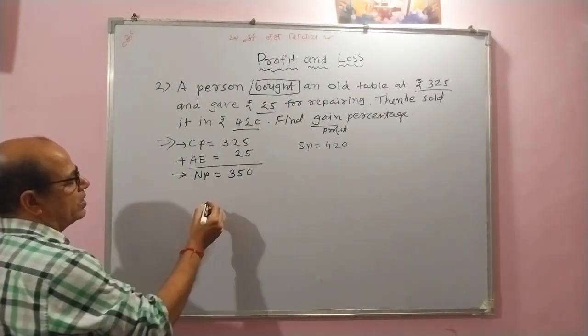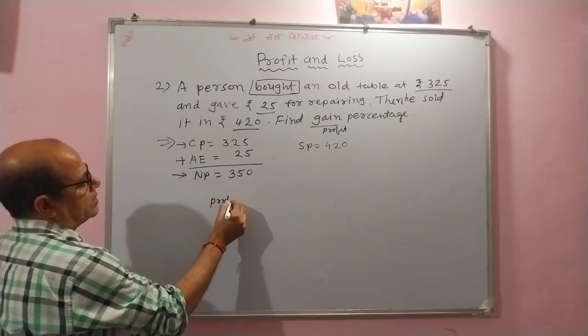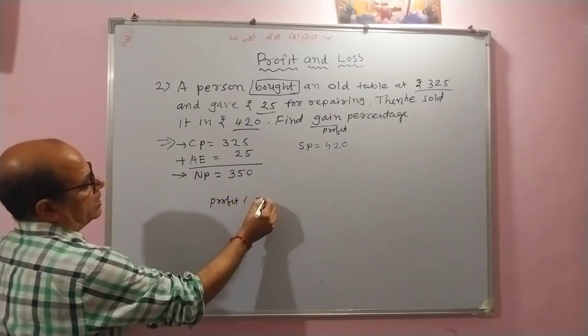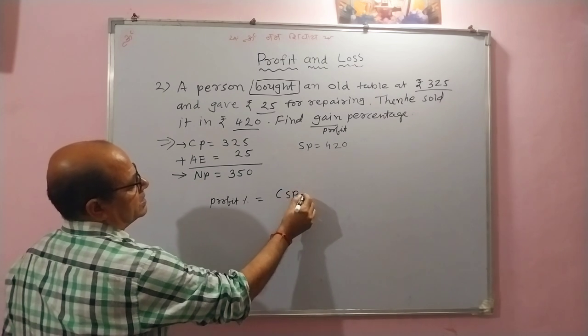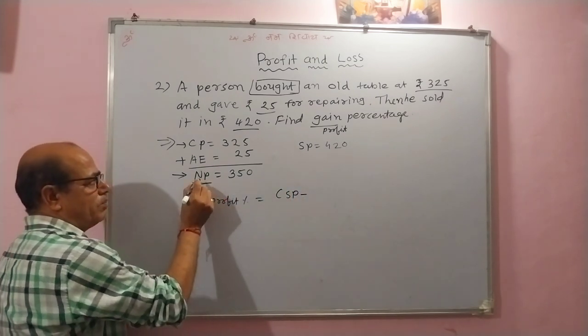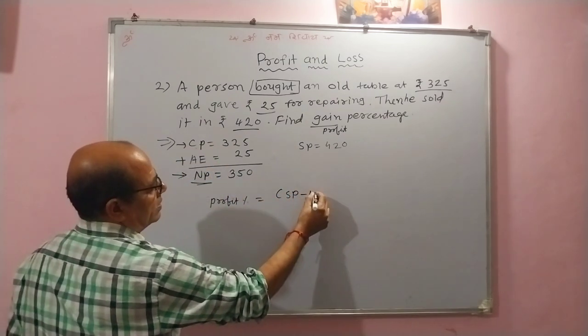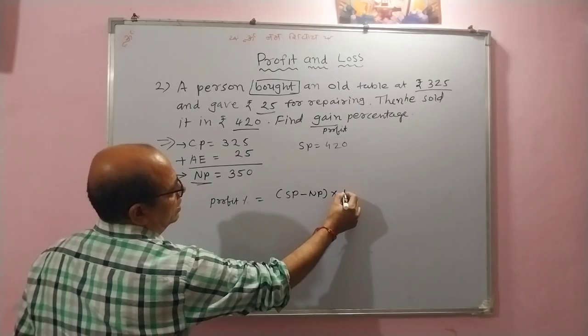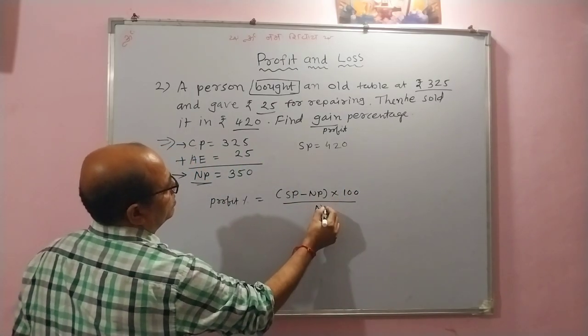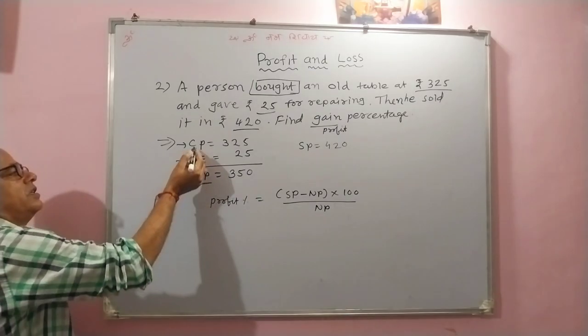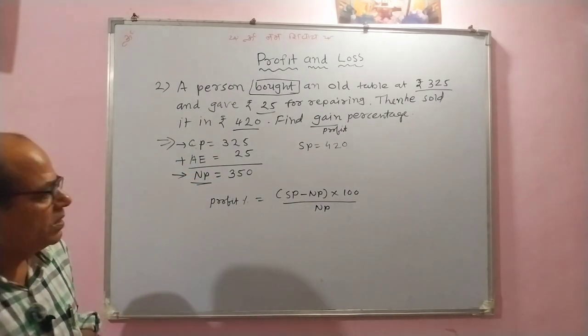Now what is the formula? Profit percentage is equal to, I will go with that short formula, SP minus, here in place of CP I will write NP, into 100 divided by NP, not CP. Why? Because CP has now become NP.